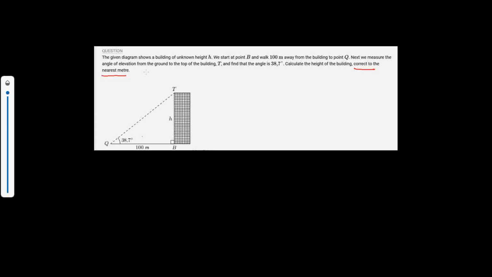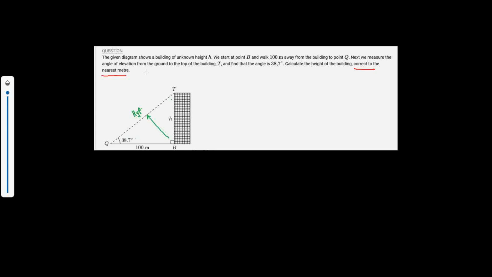So the first thing I can see is that this is a right angle triangle, and I need to identify the sides of the right angle triangle. The most obvious and easiest one is that the side that is opposite 90 degrees is known as the hypotenuse. We can find this angle using sum of angles of a triangle, but let's use the angle of elevation. Let's use the 38.7 degrees.